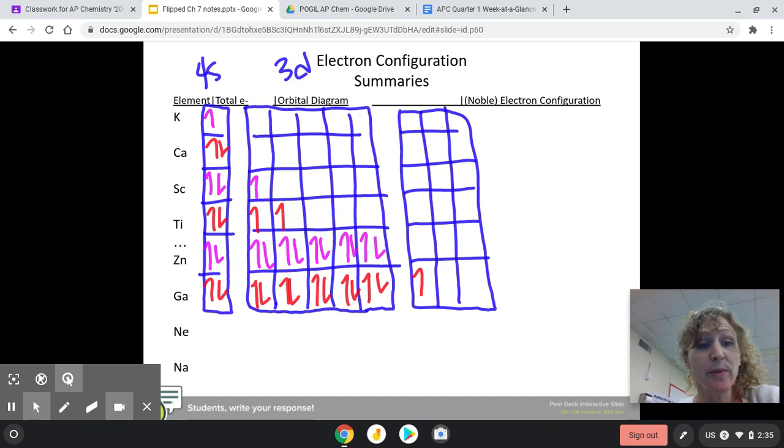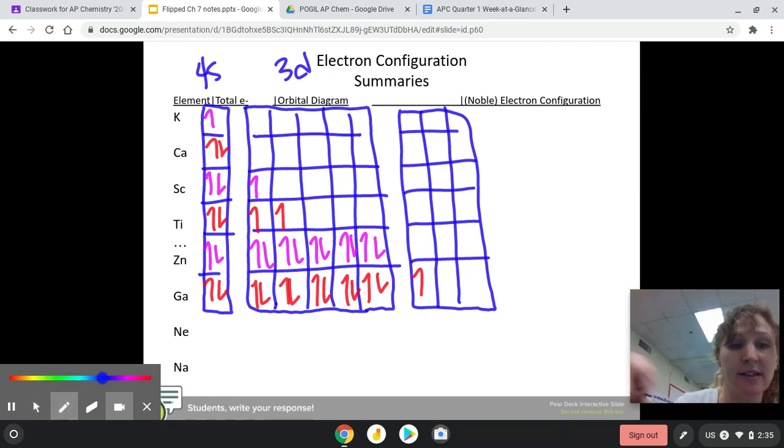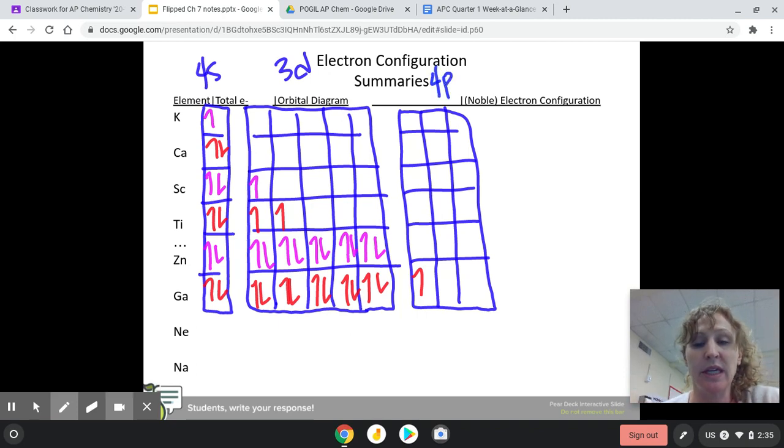Okay, so here are the orbital diagrams for these elements. Notice they're all in the 4th energy level. And so we're going to have the 4s subshell with some electrons in it. Some of them have 3d and some of them have electrons in the 4p subshell. So notice the difference between potassium and calcium. They are both going to be found in the 4s block.